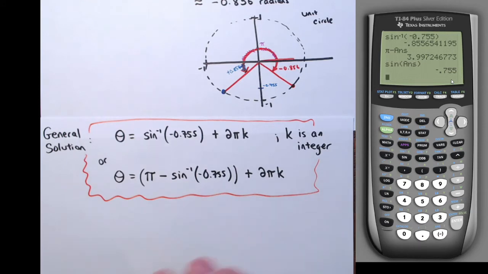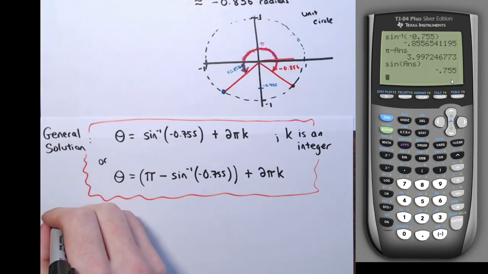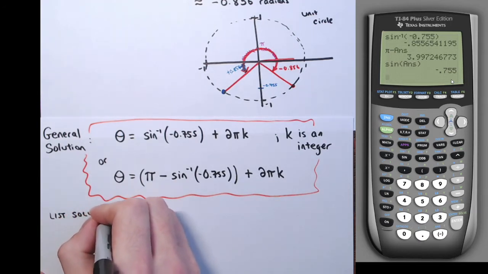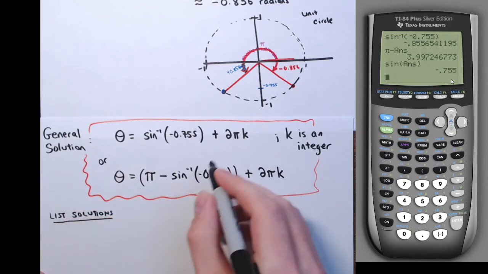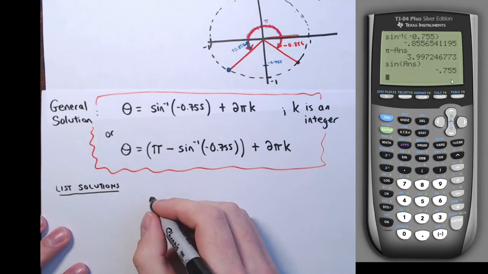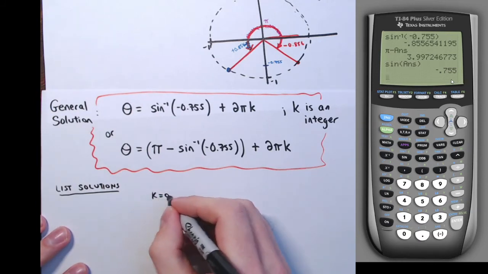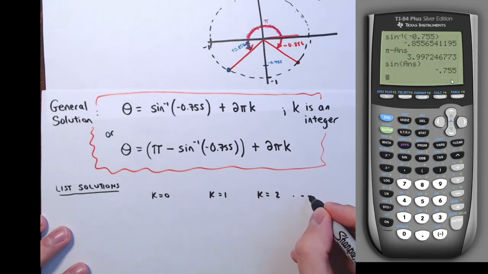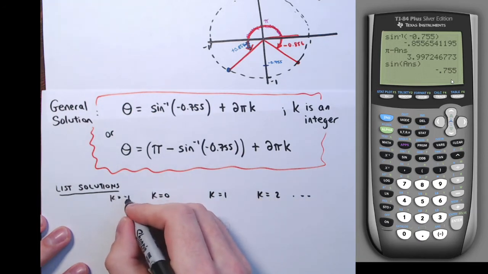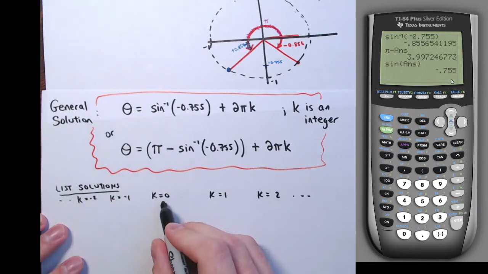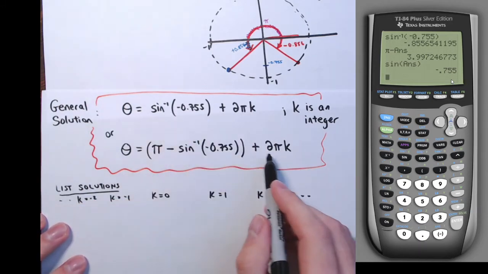And what I'm going to do is just list a bunch for different values of k. So again, when k equals 0, when k equals 1, when k equals 2, when k equals negative 1, k equals negative 2, and so on. Now when k equals 0, I'm getting these values.